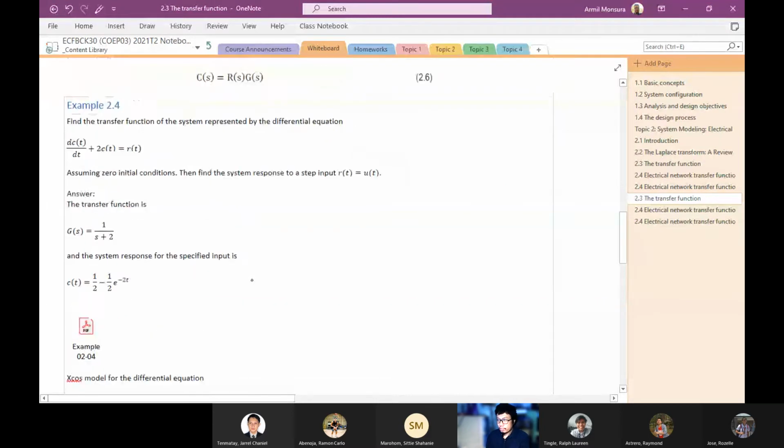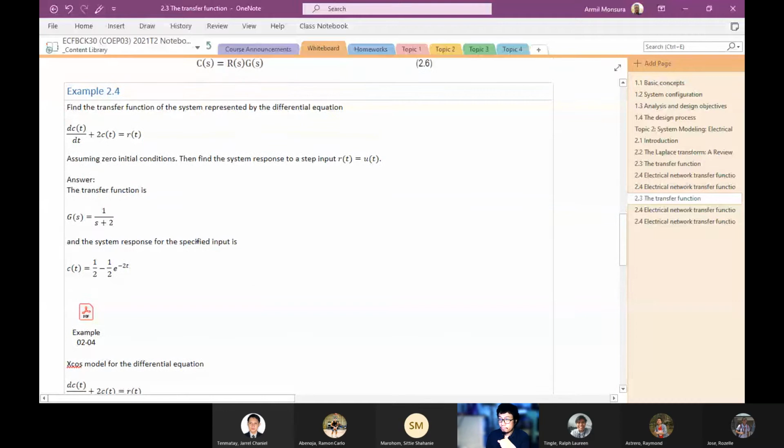Okay, so let us try to apply that idea here. The problem is that we are asked to find the transfer function of the system that is represented by this differential equation. Okay, so your system is described by that equation. Okay, and then assuming zero initial conditions, we wish to find the system response to a step input.